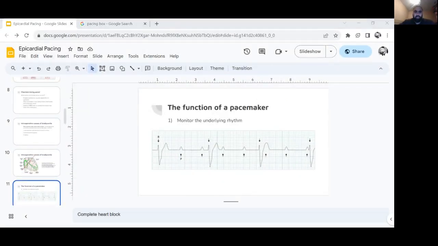So, bear with me, guys. This is one of the key points. I'm not sure why it's not come up.